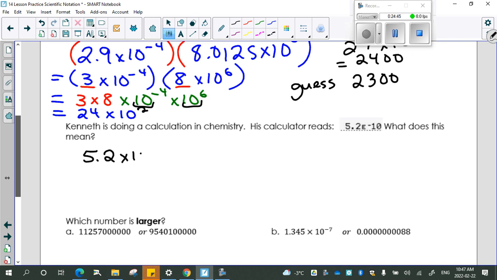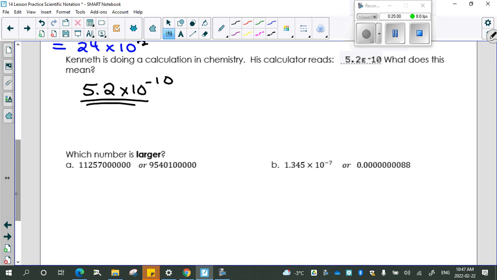That's what it means, okay? So when he sees that on his calculator, he's going to write that down in his measurements, okay? And then, which number is larger? So we could write them in scientific notation to determine that.